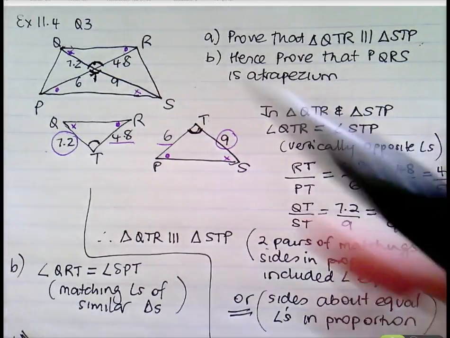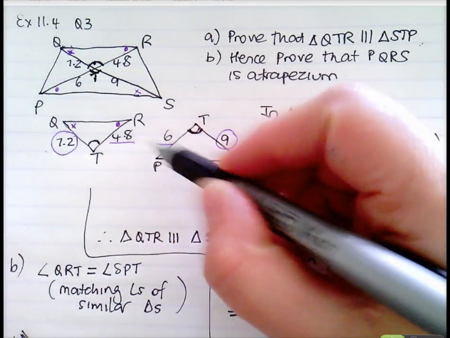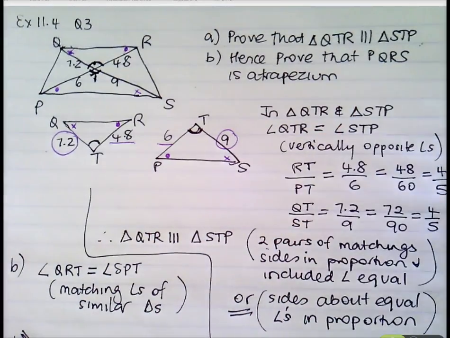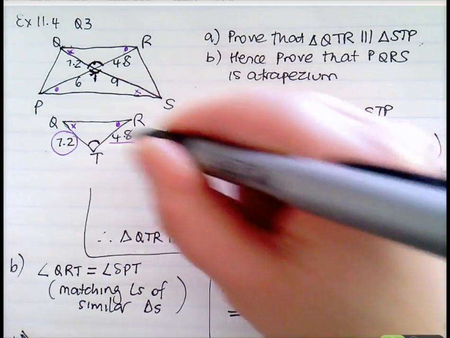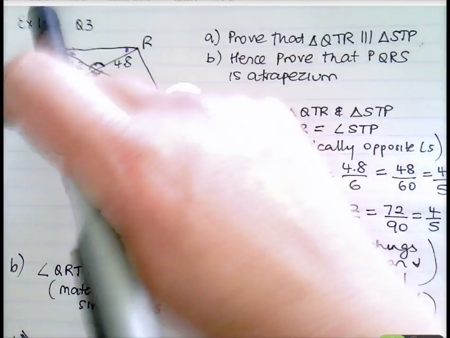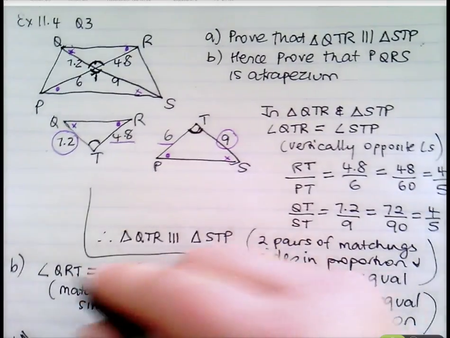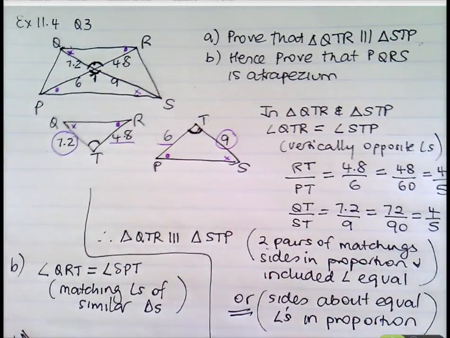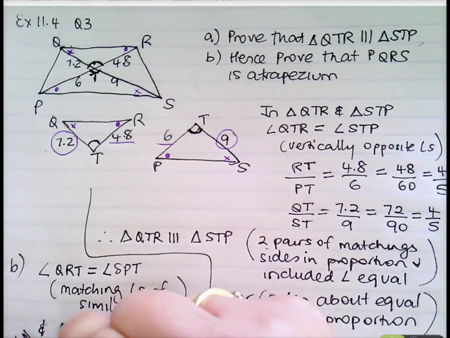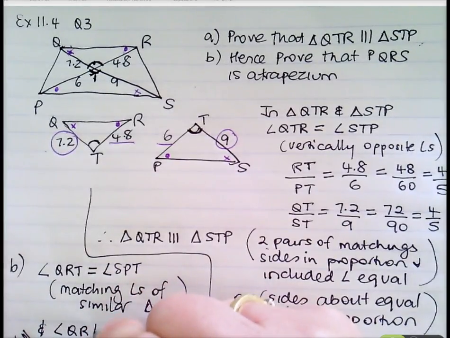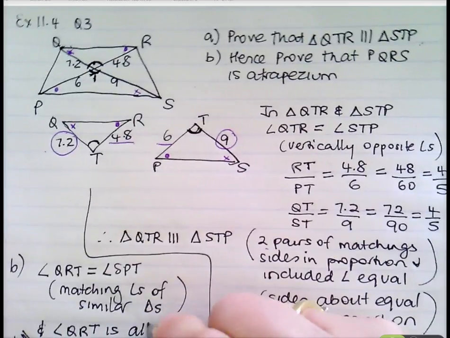So therefore, that angle equals that one, this angle equals that one, but I don't need to do both. I'm going to say, well, that angle there equals this one. I put it back up here on my diagram because I know I need to do alternate. So I've got that those angles are equal, matching angles of similar triangles, and I can say angle QRT is alternate.